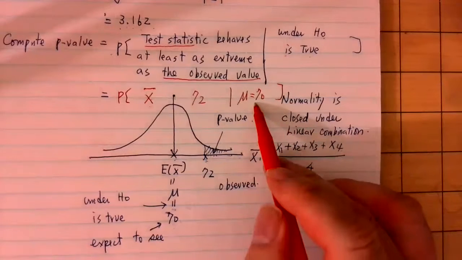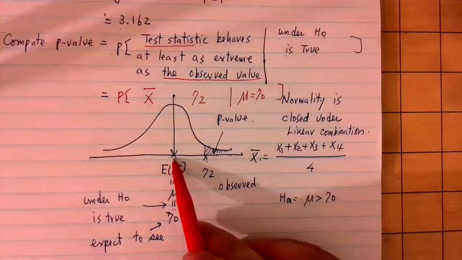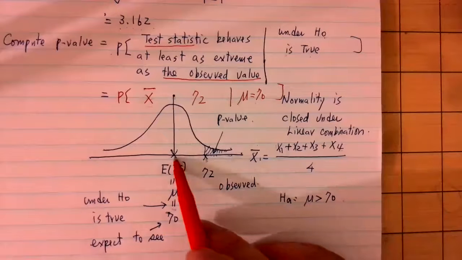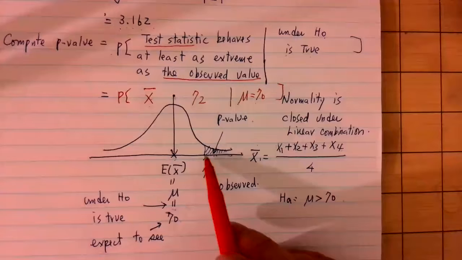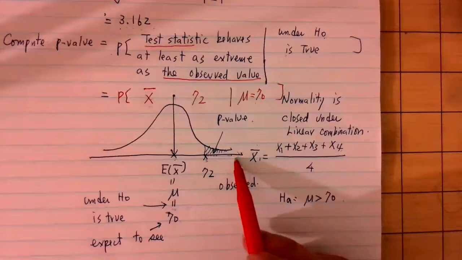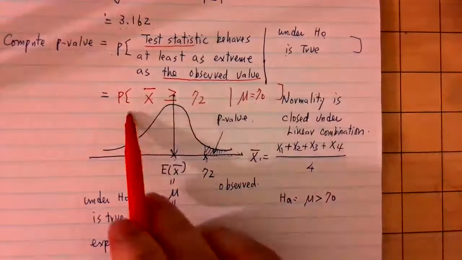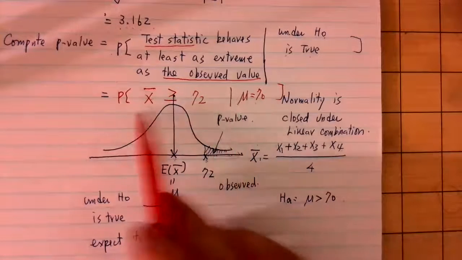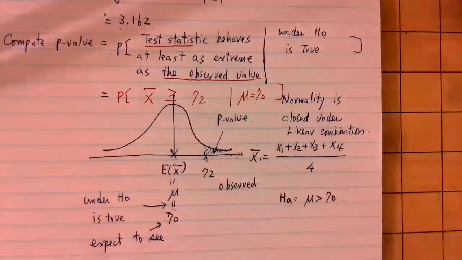The observed value should be close to what we expect, which is 70. If it is not close and further deviates from the expectation, that's called extreme. So we want to find the probability that X bar is greater than or equal to 72. This probability is the p-value.